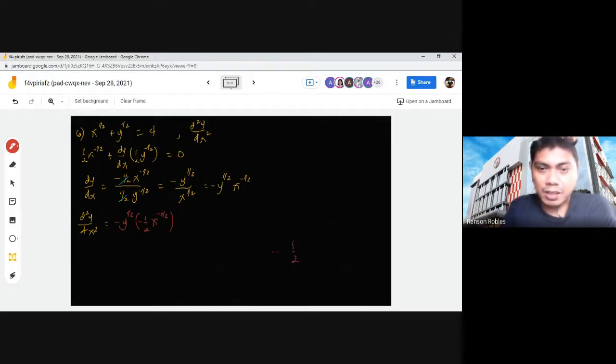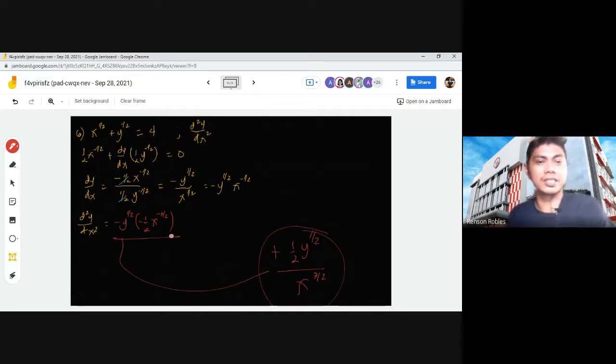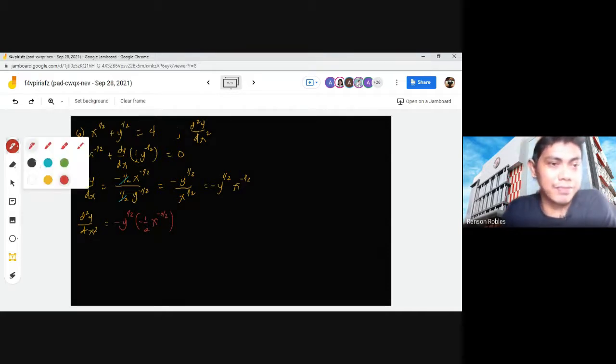Negative 1/2 y raised to 1/2 all over x raised to 3/2. 1/2 plus 1. Then change the sign. This and this are just the same. Okay? Whichever is comfortable or convenient on your part.